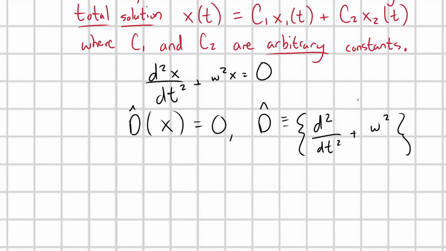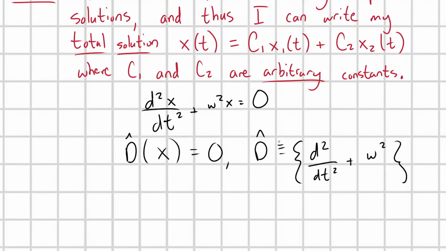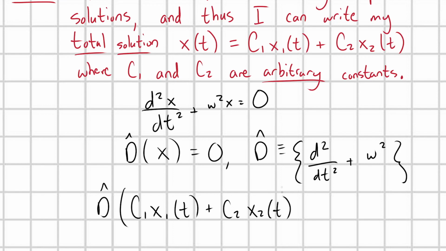Remember all of that? What happens if I plug in this proposed total solution for x? Let's find out. So I have d hat of c1 times x1 of t plus c2 times x2 of t equals 0.